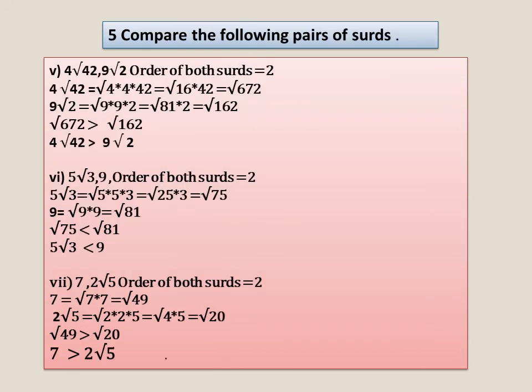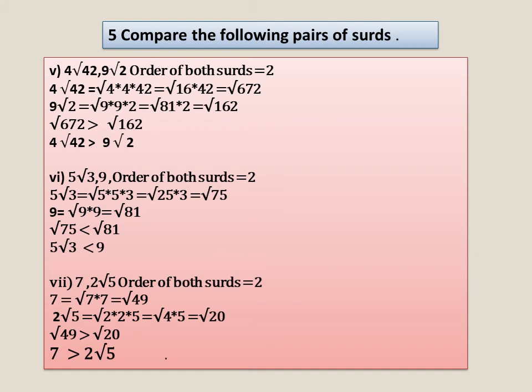Now sum number 5. 4 root 42 and 9 root 2. What is the order here? Order of both sides is 2. Then 4 root 42 is equal to square root of 4 into 4 into 42. 4 4s are 16. 16 multiplied by 42 means square root of 672. 9 root 2. What is the order? 2.